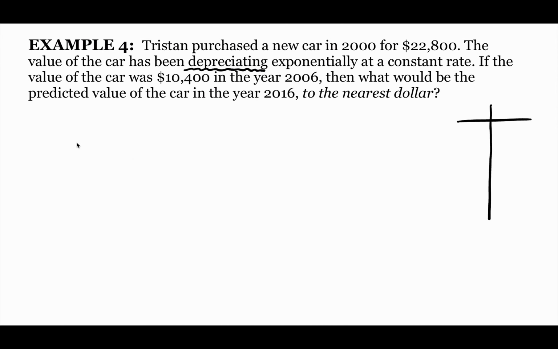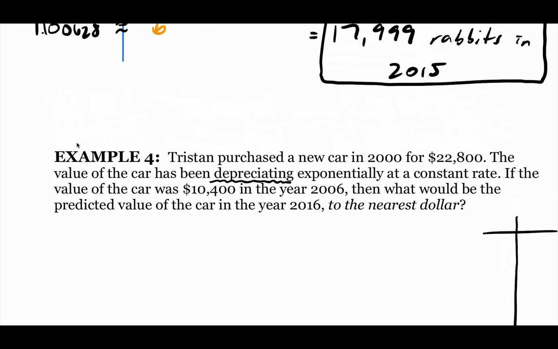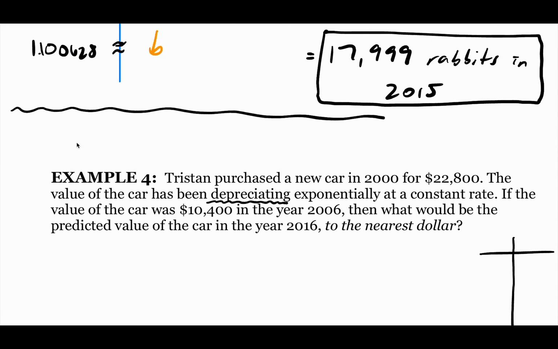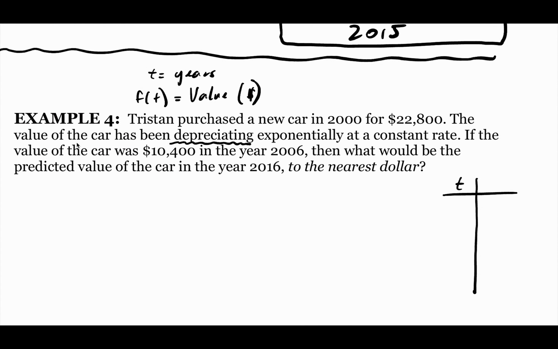Okay, so let's make a table. There are two things here. T is going to be time again in years. F of t is going to be how much it's worth, the value. The value is in money, dollars. So we'll say t, f of t.